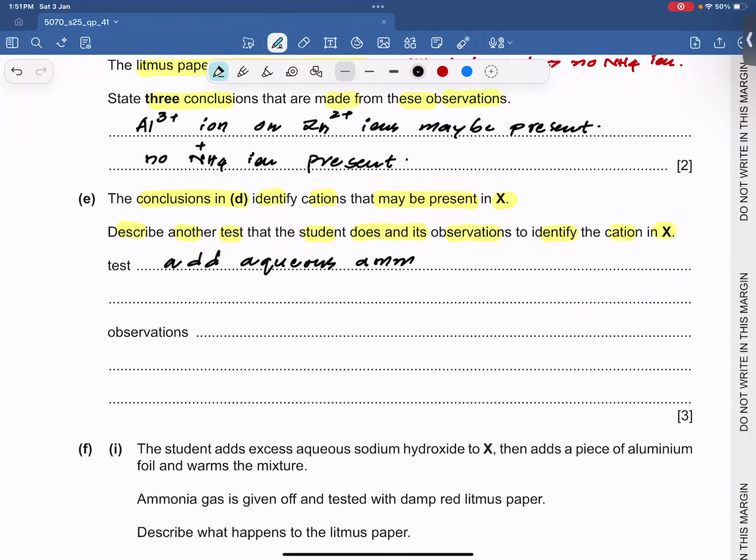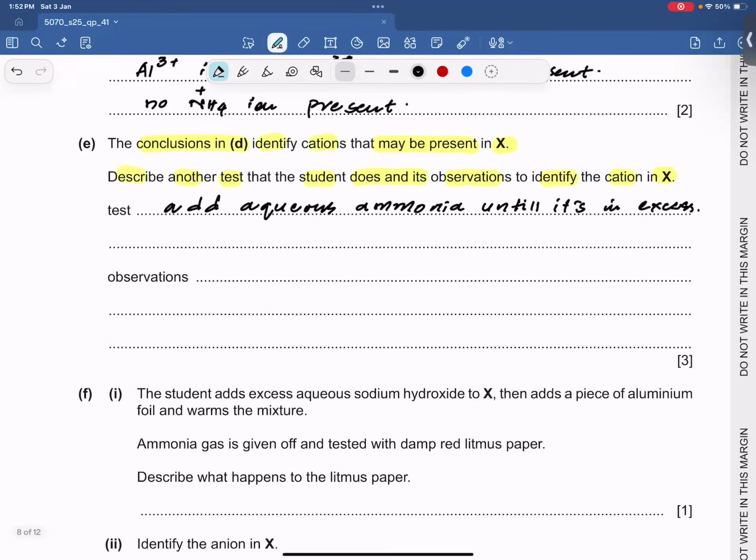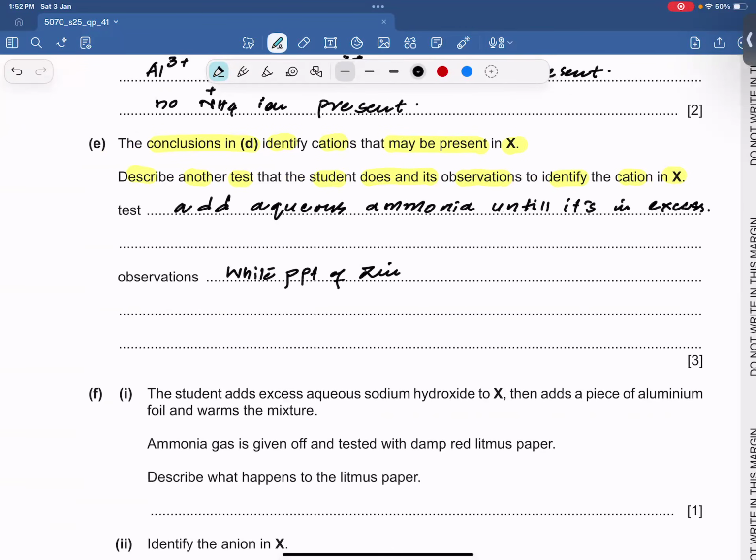Add aqueous ammonia until it's in excess. White precipitates of zinc ions turn colorless in excess aqueous ammonia.